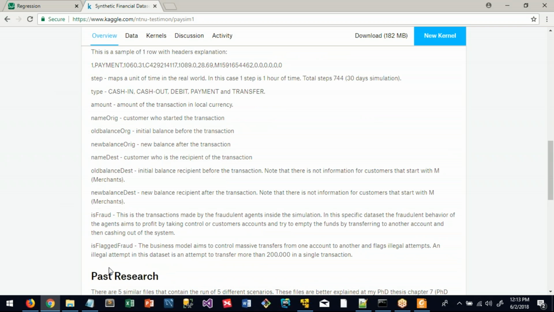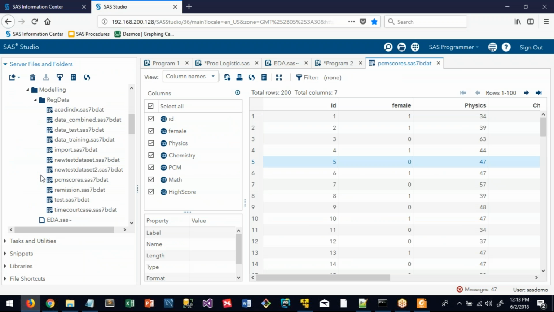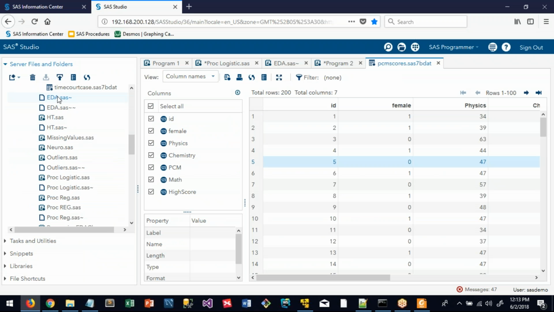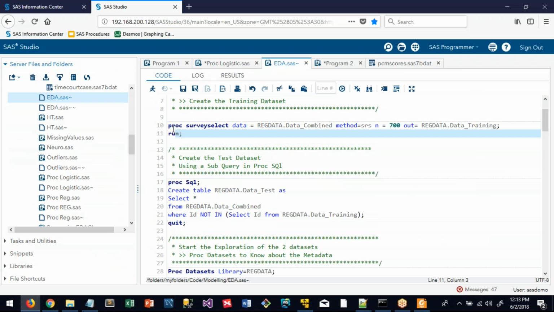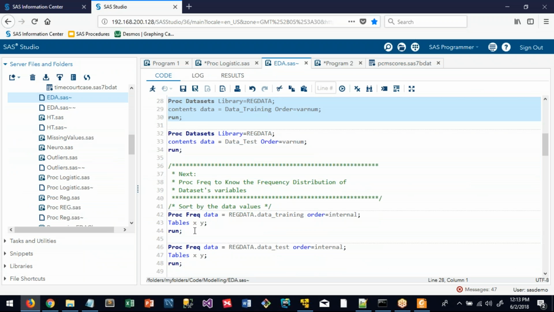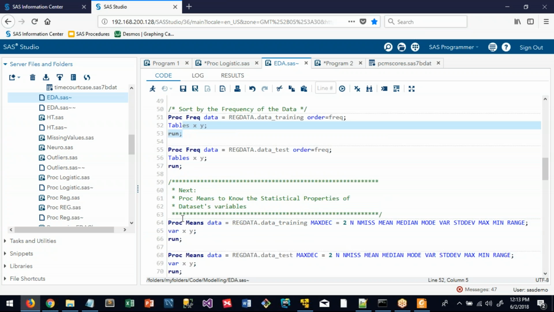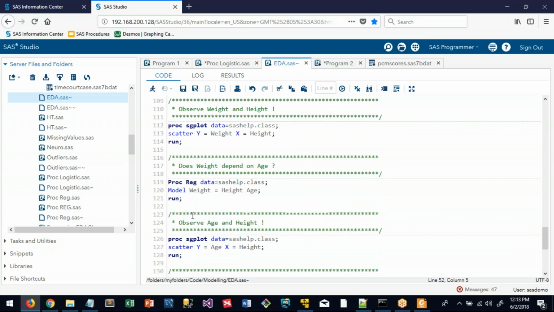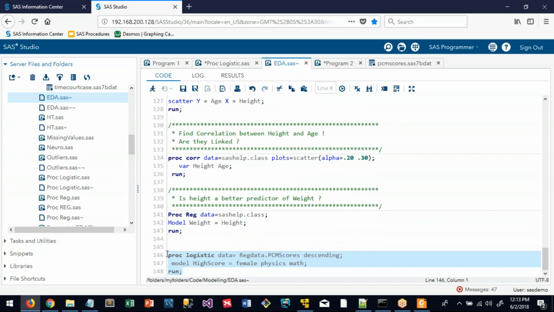You will find a file there called EDA, Exploratory Data Analysis. It will have all of the procedures which we have used till now: creating training and testing data sets, proc freq, proc means, proc sgplot, proc reg, and even proc corr and proc logistic. All of it is already there.